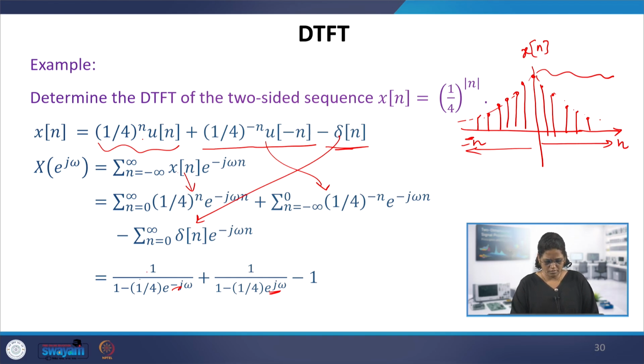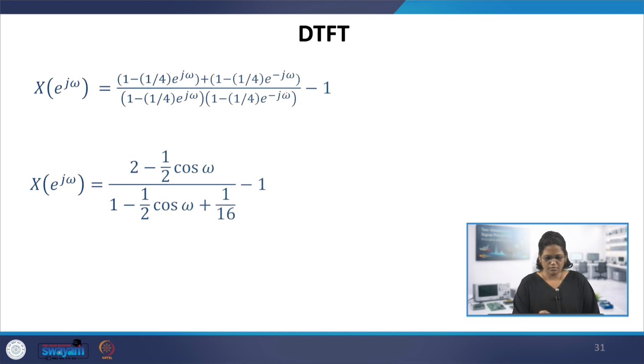So this is the spectrum. You can see the continuous nature of it; though the discrete sequence results in a continuous omega. Further simplification, with e power j omega being cos omega plus j sin omega, and then separating it, results in this function.